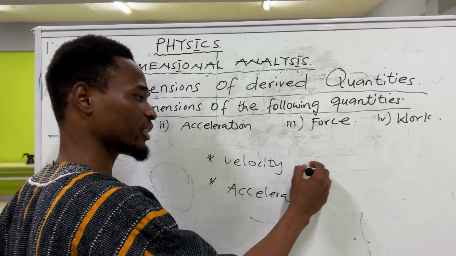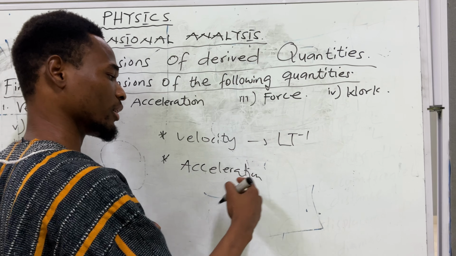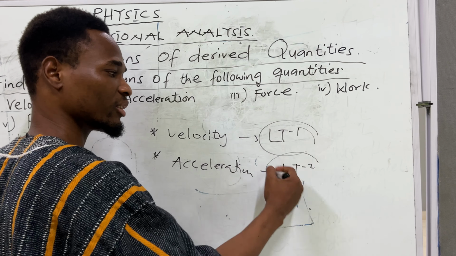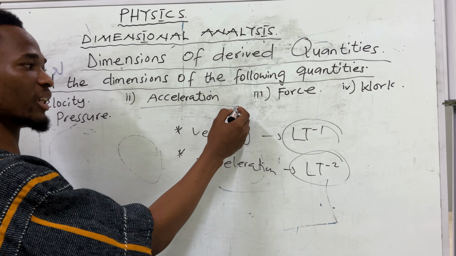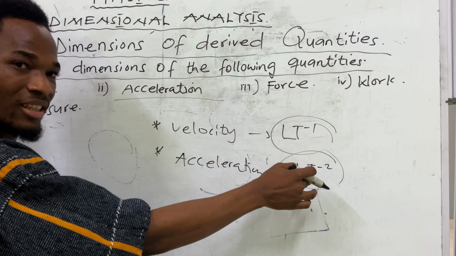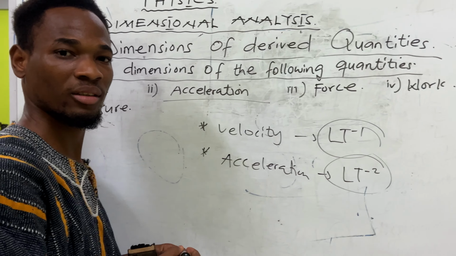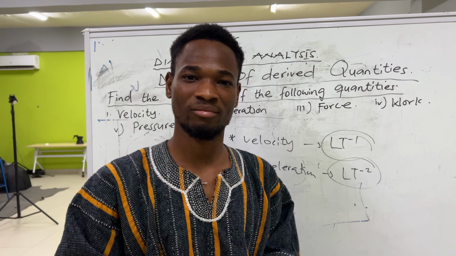Velocity is LT to the power -1, and acceleration is LT to the power -2. When you just know this, you just have to substitute and go your way, because acceleration is velocity over time. So you just write velocity over T. You go your way: force, mass, acceleration, in that order. This is the end of the lesson.